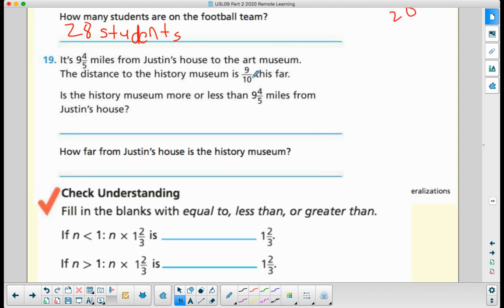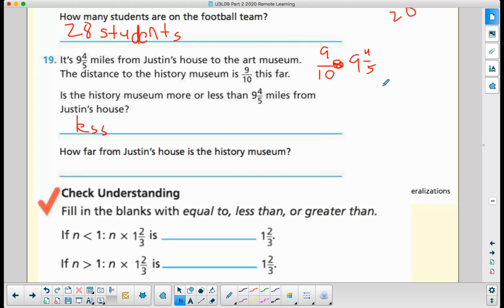Since the history museum is 9/10 this far, or 9/10 of, multiplying 9 4/5, my other factor is less than 1. It is going to be less. So how far is it?